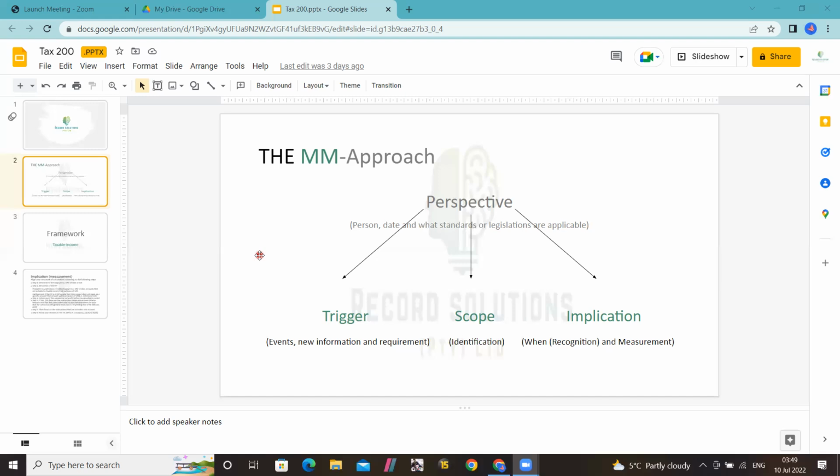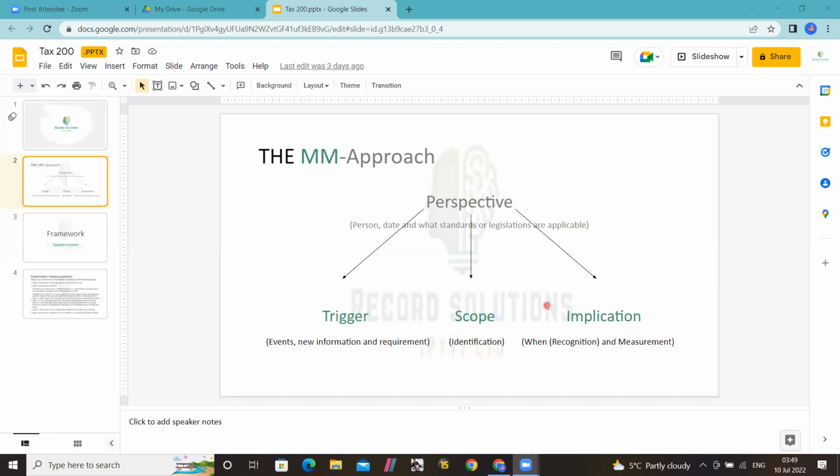However, it will be clear in the question. They'll tell you to calculate the VAT or the income tax or the taxable income. So if they say taxable income, you know it's part of the Income Tax Act. So like I said, perspective: who are you, the year of assessment, and what standards or legislation are applicable. And then we move on.